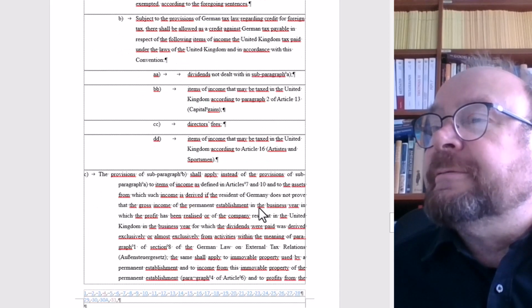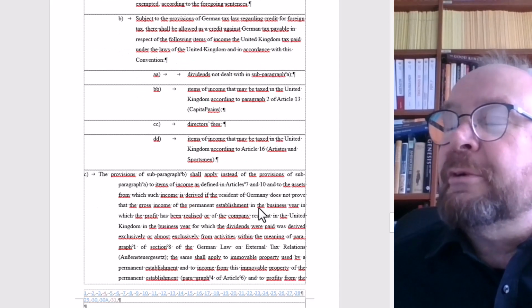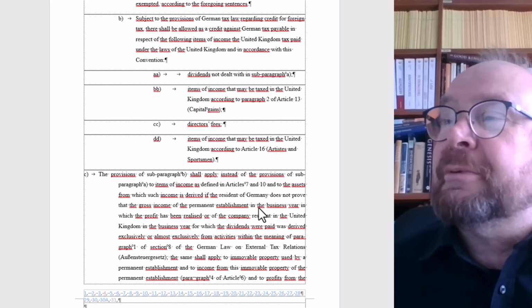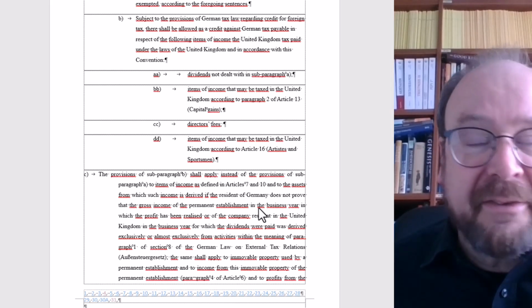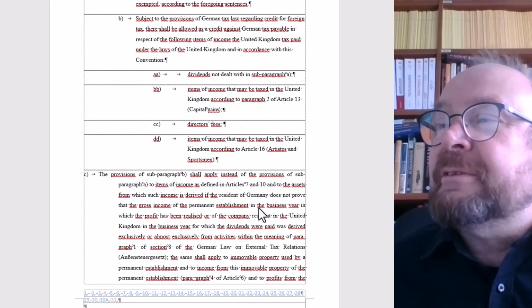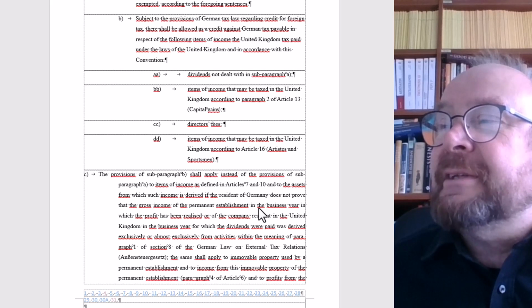Then we have a letter C, which says the provisions of subparagraph B shall apply instead of the provisions of subparagraph A, so credit methods shall apply instead of exemption methods, for items of income as defined in Articles 7 and 10.